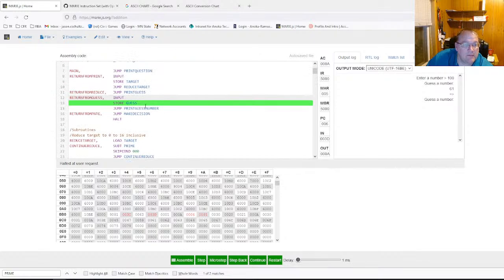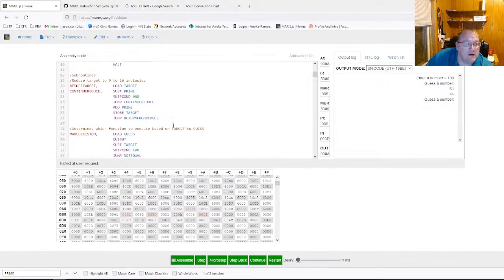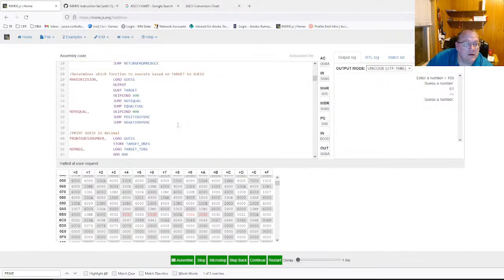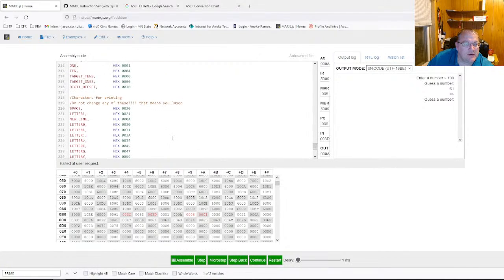So we can go up here, and we return back from the printing, and it says make a decision. So this, okay, so the equal sign is being printed. Did I add an equals down here?